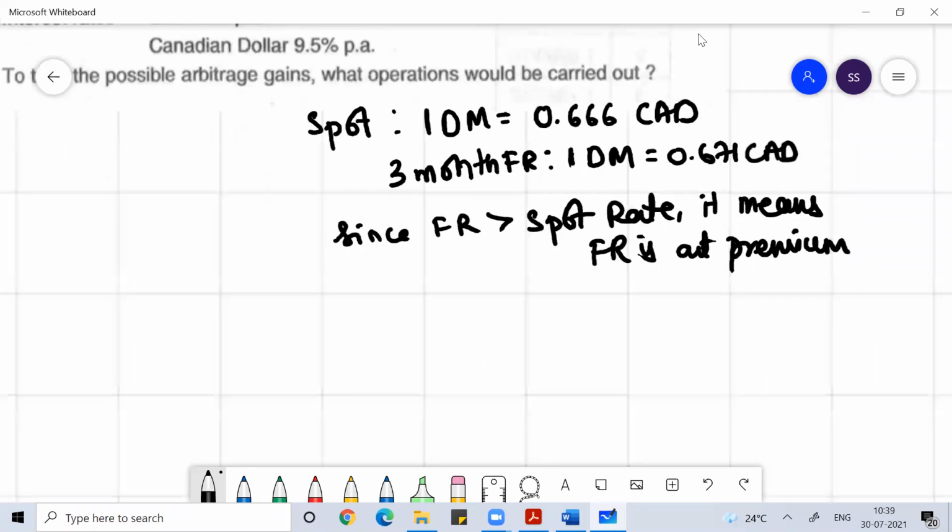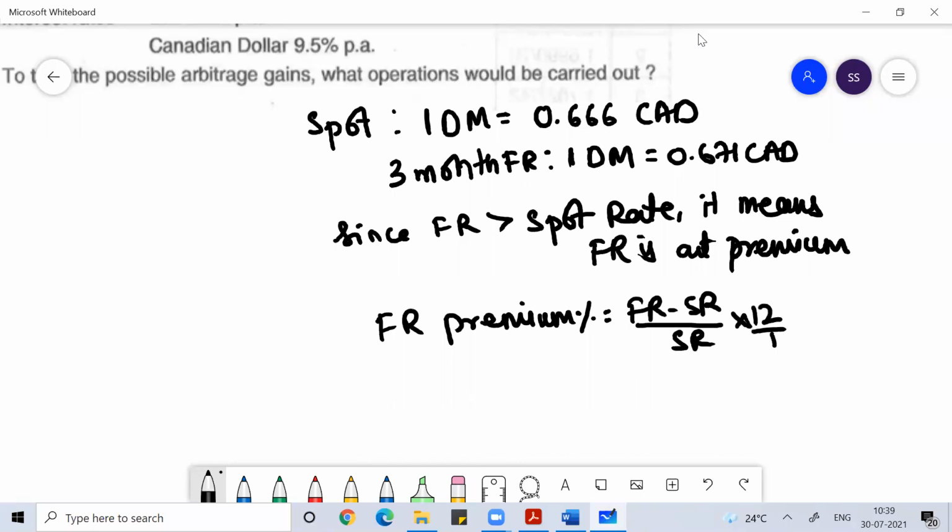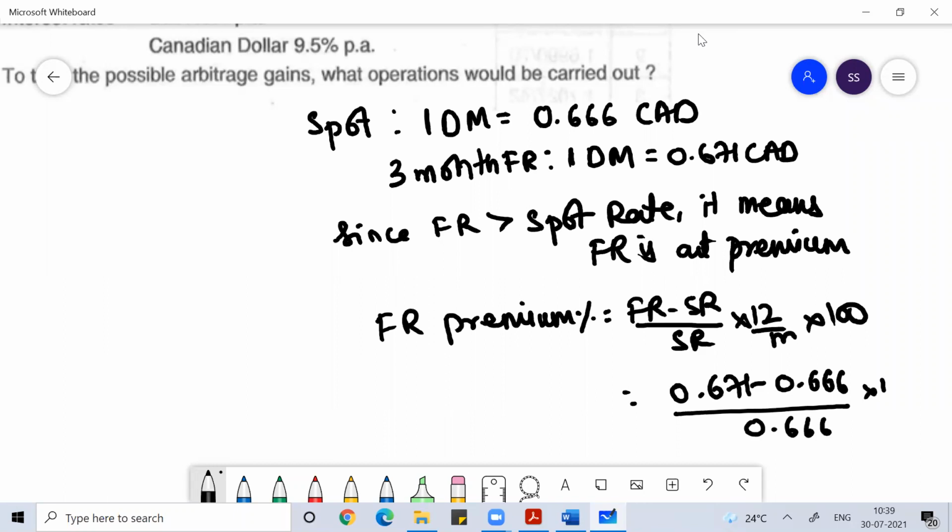If you want to find the forward rate premium percentage, use the formula: (forward rate minus spot rate) divided by spot rate, into 12 by m, into 100. Forward rate 0.671 minus spot rate 0.666, divided by 0.666, into 12 by 3, into 100.